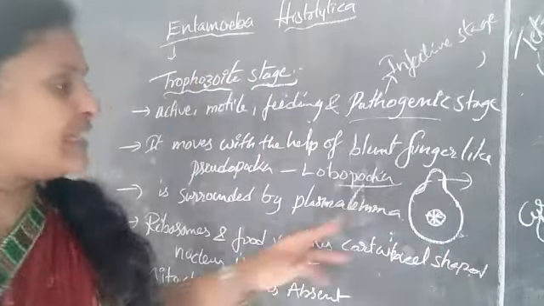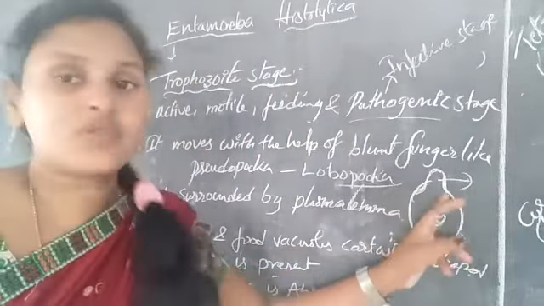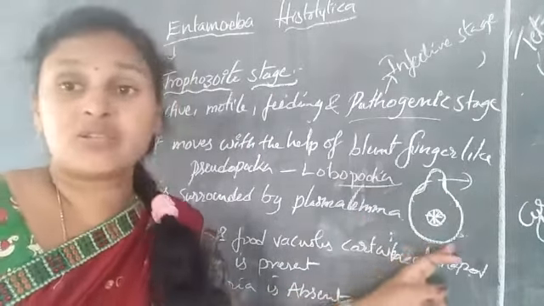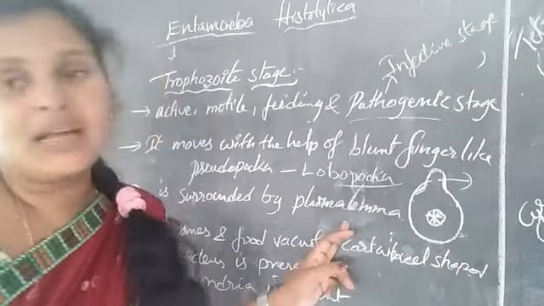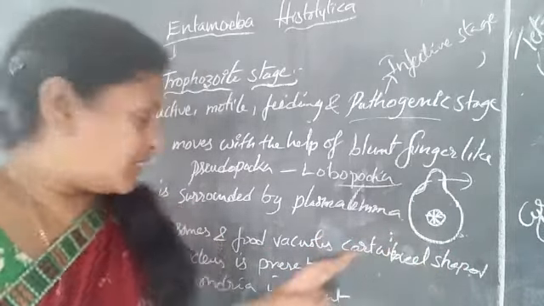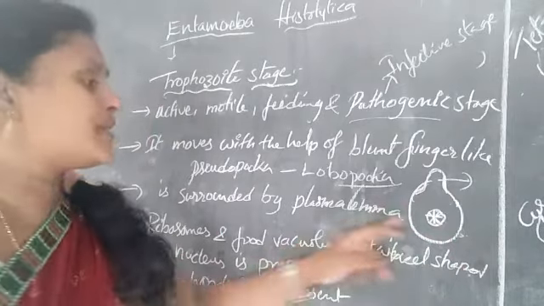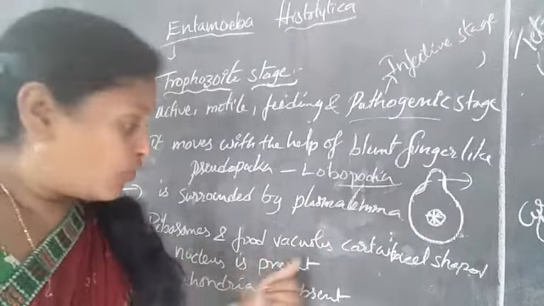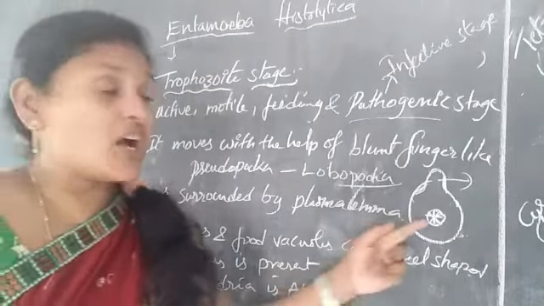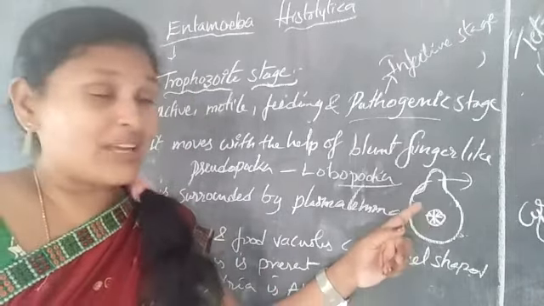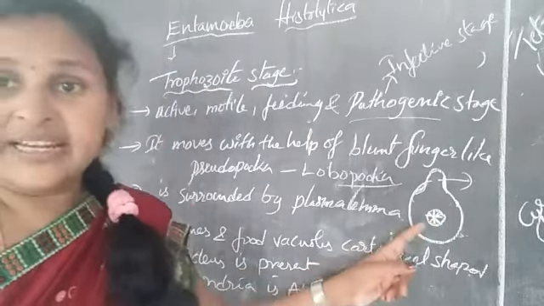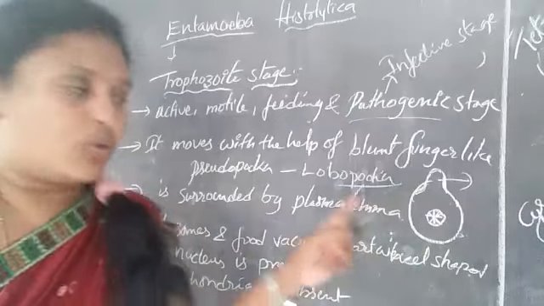The outer surface of the trophozoite is covered by a layer, the plasma lemma, and the inner surface is cytoplasm. The cytoplasm contains ribosomes, food vacuoles, and a cartwheel-shaped nucleus, which is a very important character of the trophozoite.